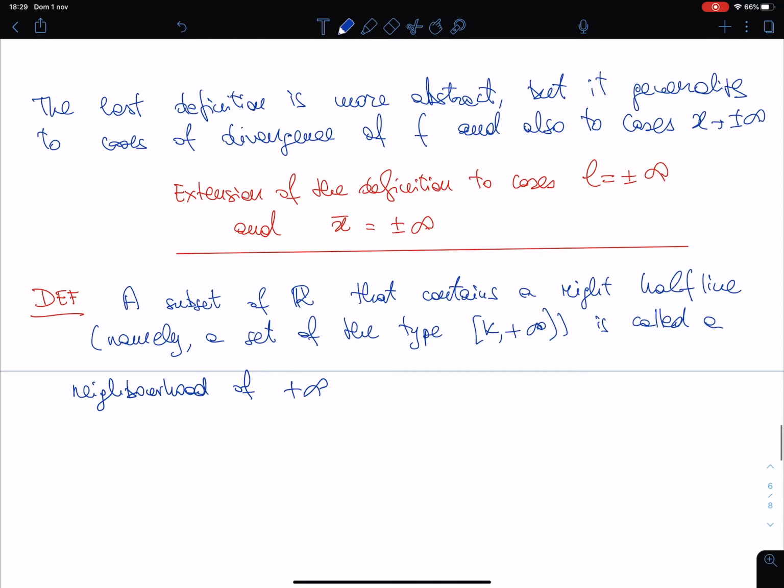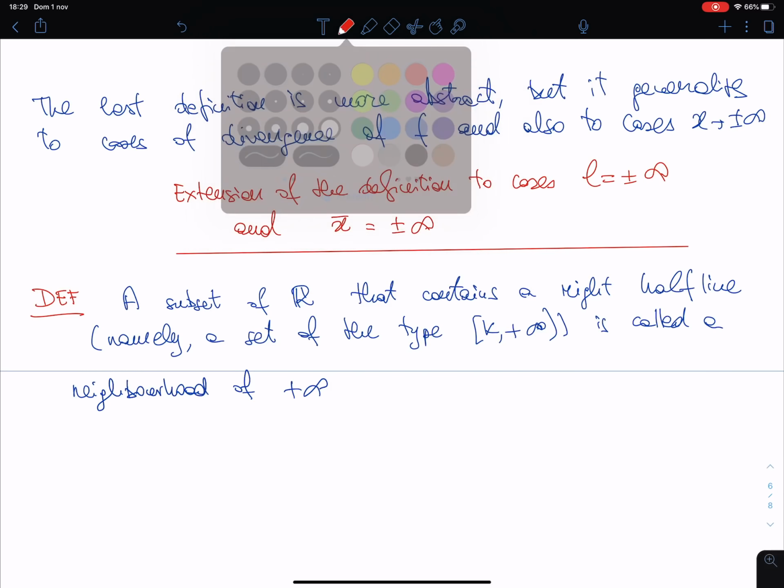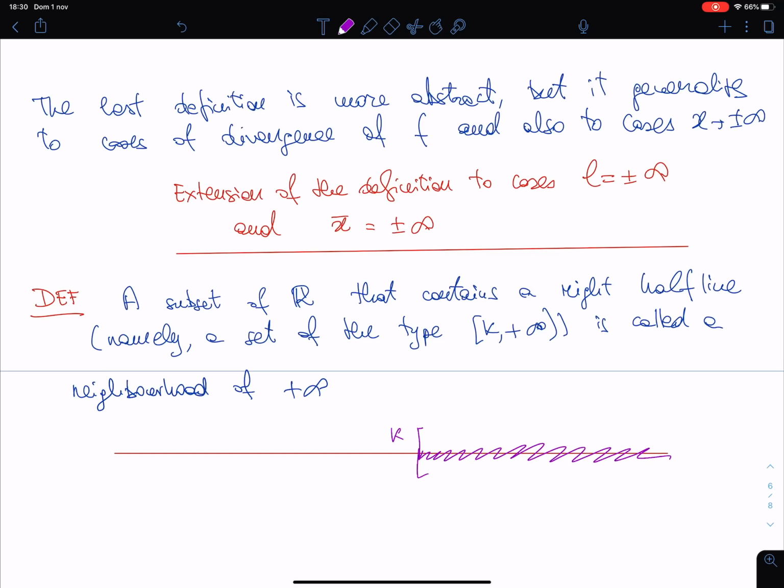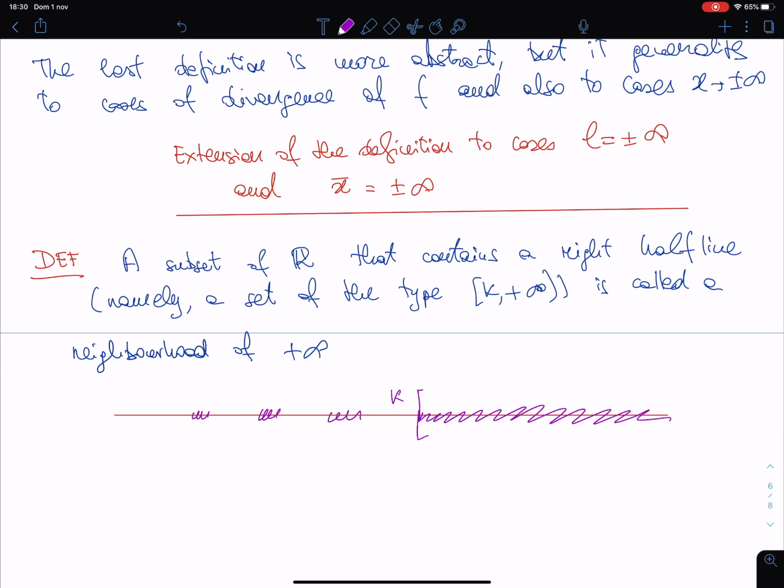This means very simply the following. You have a real line, and then you take K here, and here you have a half line starting from K, getting to plus infinity. So every set that contains this subset K plus infinity is a neighborhood of plus infinity.